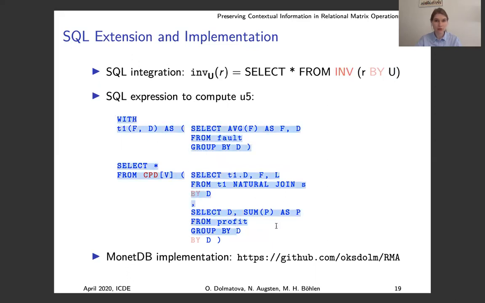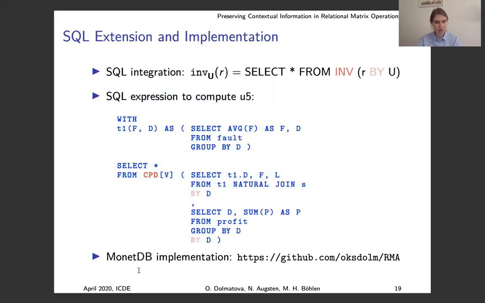This is the SQL expression that computes the U5 relation, and this is the cross product, which computes the cross product between the average fault and length of shift per day and the total profit per day. The SQL extension is simple, and new queries that require a mixture of algebras are easy to construct.